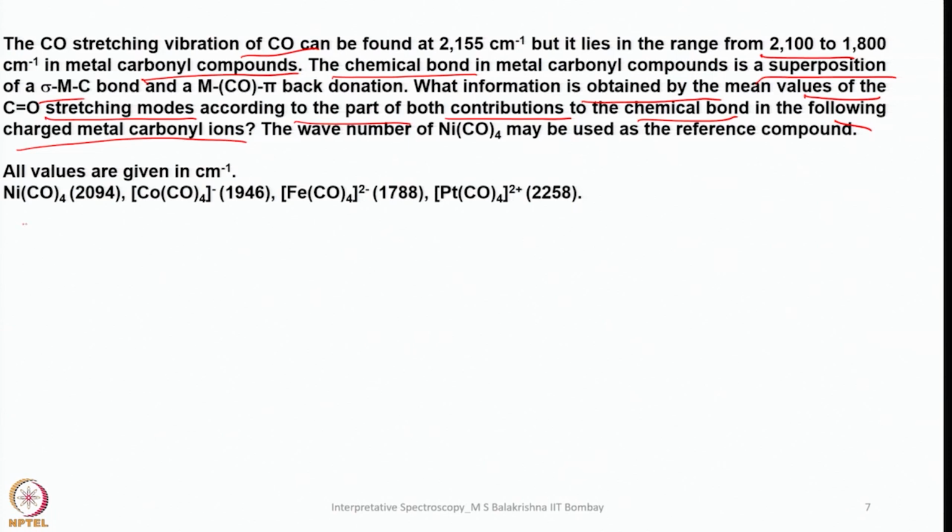So now let us look into the values given for a series of compounds here: NiCO4 2094, CoCO4 minus 1946, FeCO4 2 minus. So here we can conclude very nicely that when we go from early metals to late metals, despite having enormous electron richness, they are reluctant pi donors.